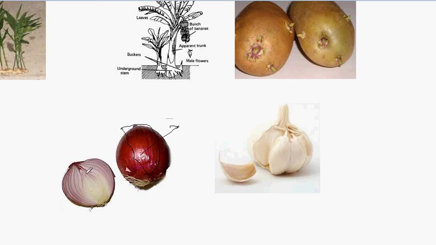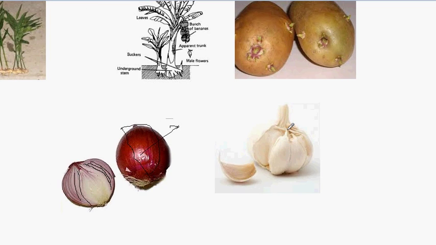And you can see the layers of the onion very clearly over there. It will be layered like that, as I explained. So that will be the simple tunicated bulb. Then what will be the compound tunicated bulb? It is present in the garlic.